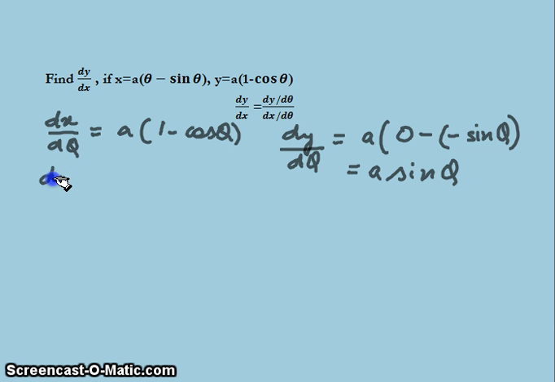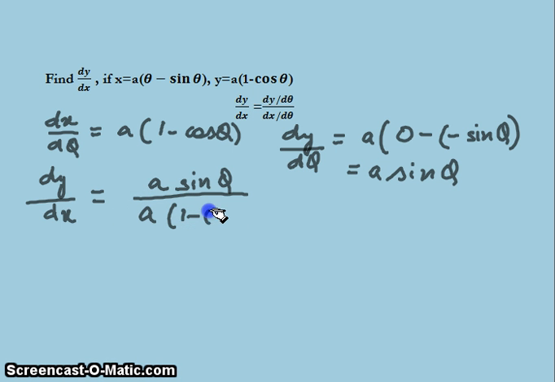Thus the value of dy by dx is equal to a sine theta divided by a into 1 minus cos theta.